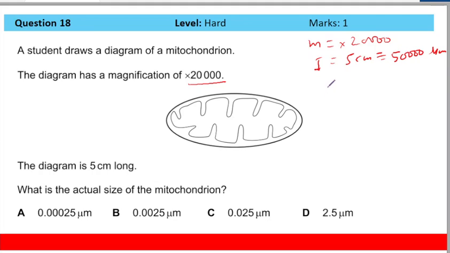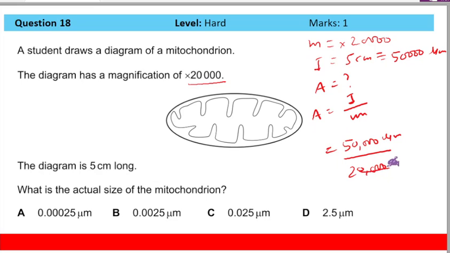Now you have to find the actual size, A. Use the formula: actual size equals image size divided by magnification. Put in the values: 50,000 micrometers, don't forget to add the unit, divided by 20,000 times.